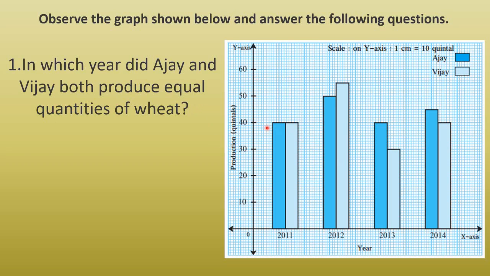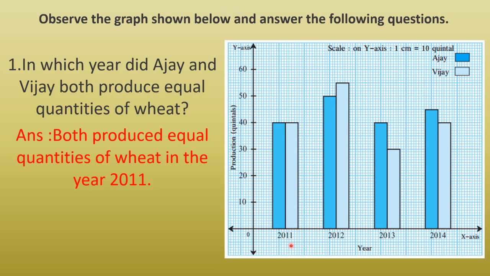Here you can see 2011. So both produced equal quantities of wheat in the year 2011.